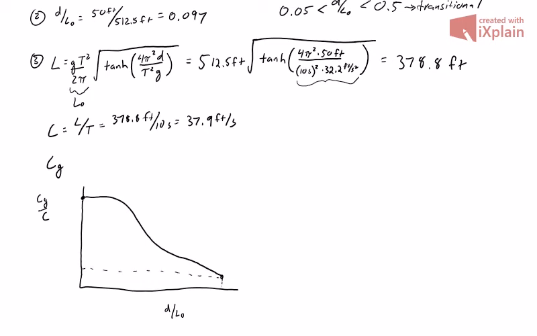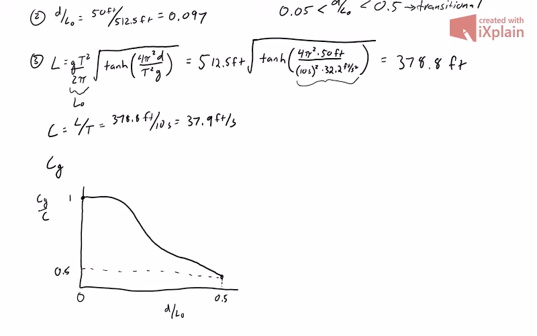Obviously not drawn to scale: 0.5, 1, 0.5, and then this is at 0. So the way this works is if you have a transitional wave, you can use this graph to figure out the ratio between the group celerity and the single wave celerity.